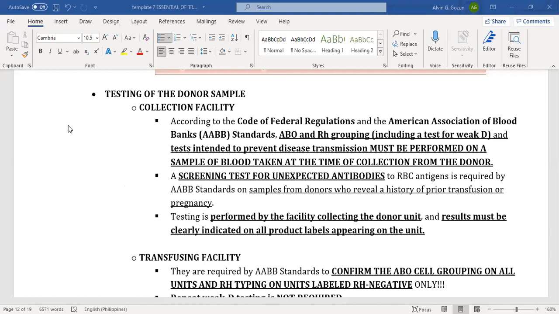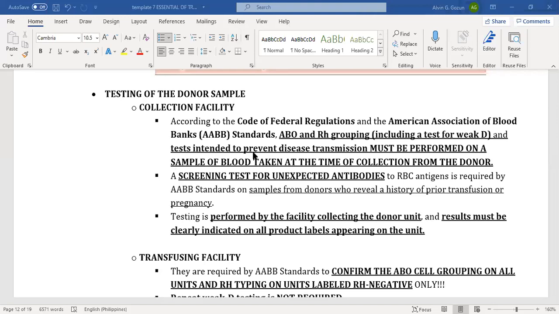Number 1, ABO blood typing or grouping. Number 2, RH grouping or blood typing, including tests for weekly or weekly tests. And number 3, we should perform what we call now the serologic test for blood-borne infectious diseases.